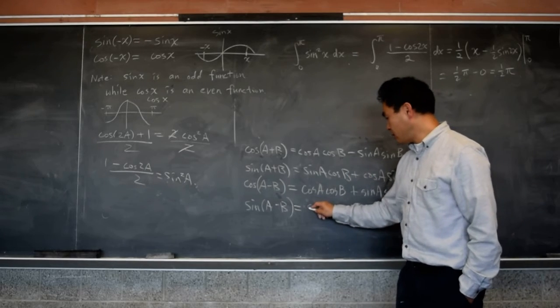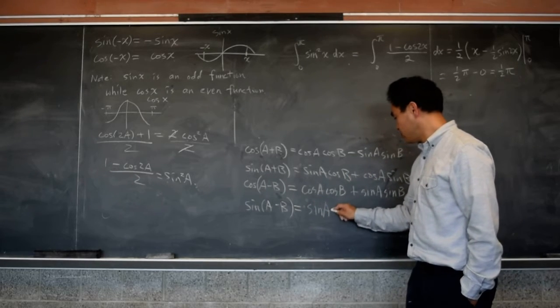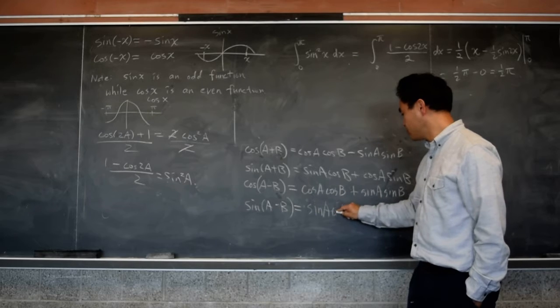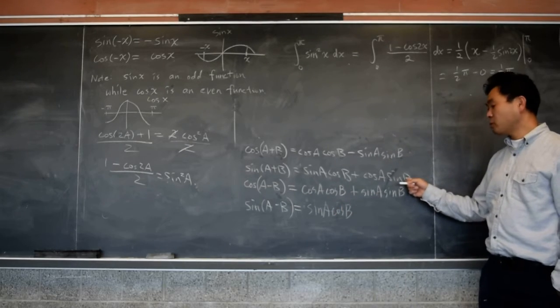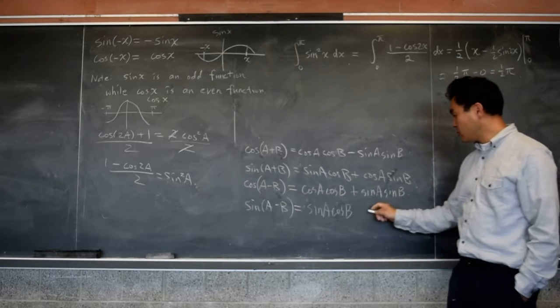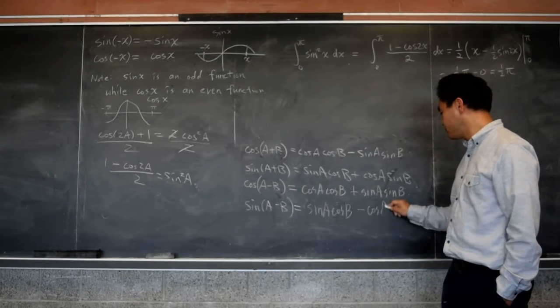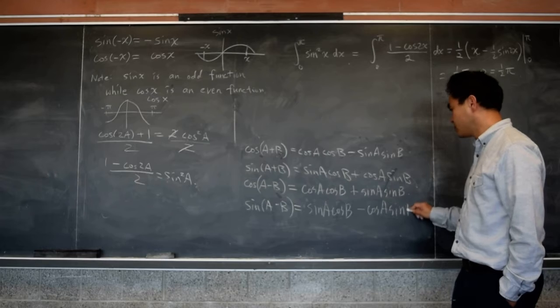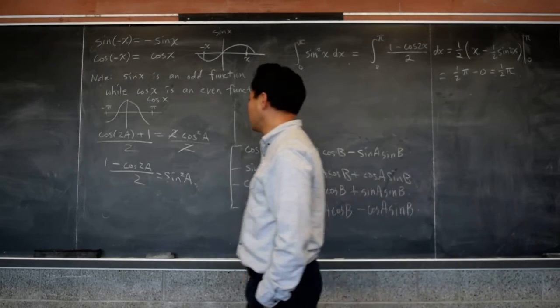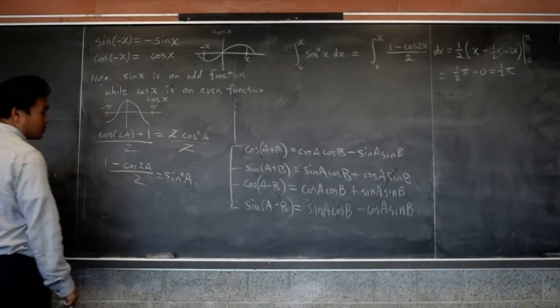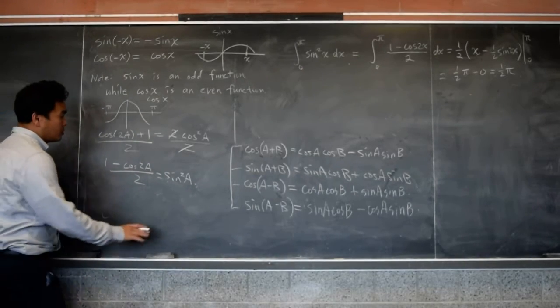Okay, so that doesn't change. How about this one? Replacing b by negative b does change the sign. So you have these four sum and difference formulas.